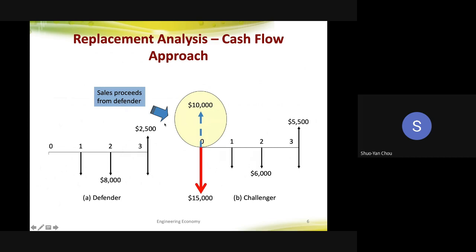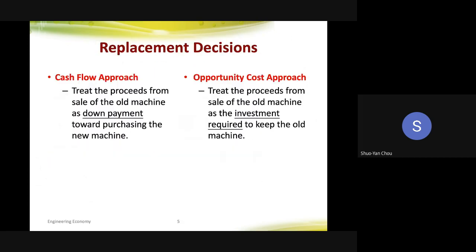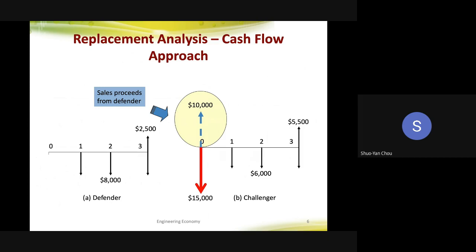If we replace the defender, the old machine, with the new machine, a few things will happen. One is we need to pay for the new machine, which is 15,000. It's different from the old machine, which is 20,000, but again, this is just an example, so don't worry too much about it. And we sell the old machine, we can get 10,000 back.